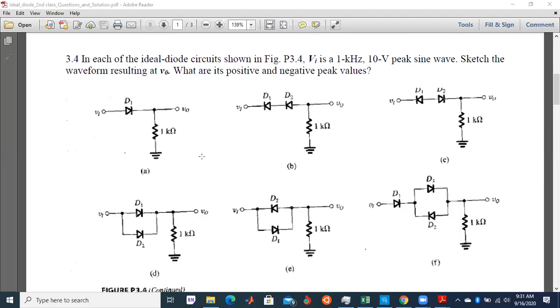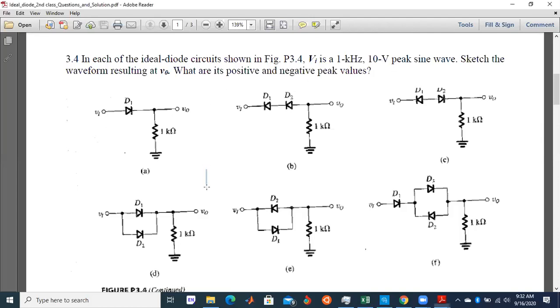It means that for the positive cycle, when this diode is in forward bias, that is when you connect the positive terminal of the cell to the positive terminal of the diode, and the negative terminal of the cell to the negative terminal of the diode, we get an output waveform with a peak value of 10 volts.